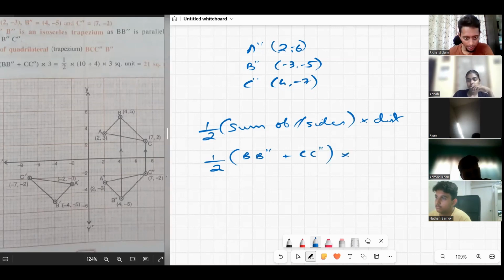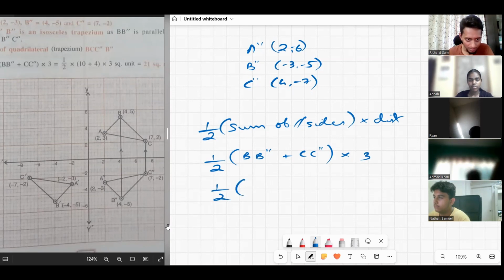What's the distance between them? That you'll have to count. See, this is at 4, this is at 7. So 4 to 7, what's the distance? 3. How do you count 4 to 7? Do 7 minus 4. Even if you're putting the values here, B to B double dash will be how much?